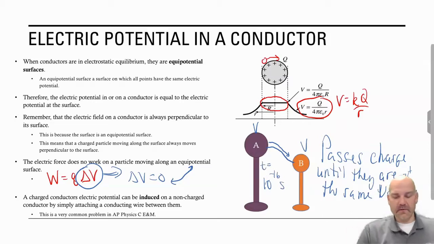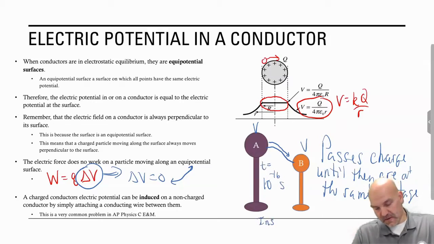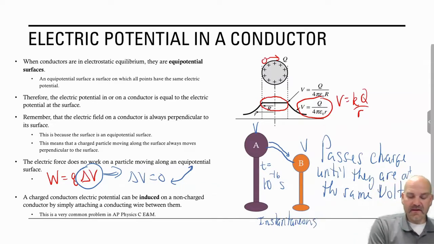That's how long it takes, so we can almost say this is an instantaneous process, like a femto- or picosecond or something like that. So let's see how this is done in practice. Let's look at the double sphere, or connected sphere, conductor problem.